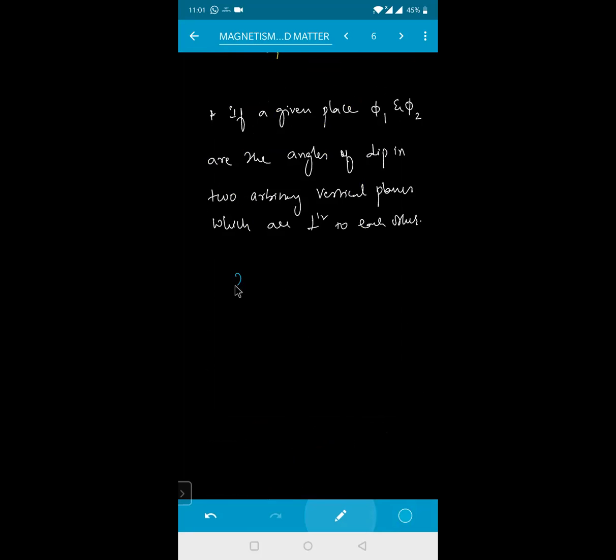That means I can write here tan phi 1 will be equal to tan phi divided by cos alpha. In the same way, tan phi 2 will be equal to tan phi divided by cos of 90 minus alpha. If this angle is alpha, the other angle will be 90 minus alpha.